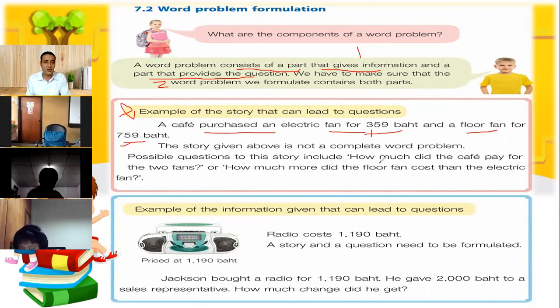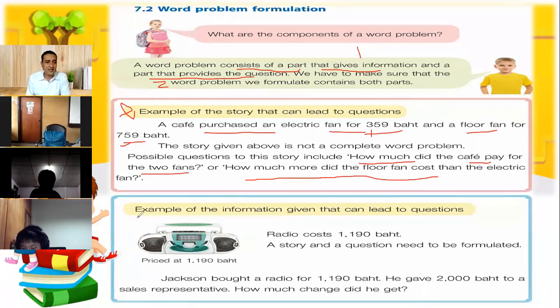First, how much did the cafe pay for two fans? That is one question. And second, how much more did the floor fan cost than the electric fan? These two questions we can make from this story.